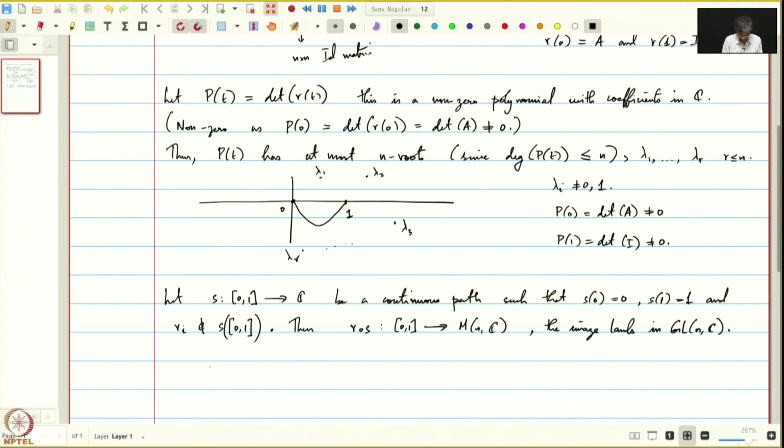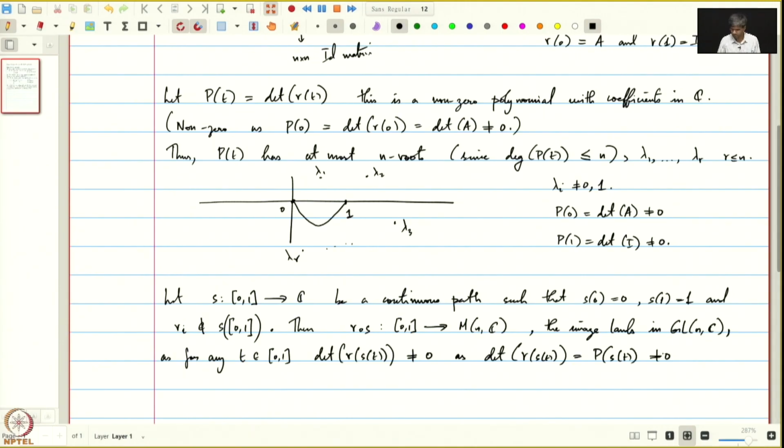Because for any t in [0,1], the determinant of gamma(S(t)) is non-zero, as the determinant of gamma(S(t)) is equal to P(S(t)), which is non-zero, right? P(lambda) is equal to 0 if and only if lambda is in the set {lambda_1, up to lambda_r}.